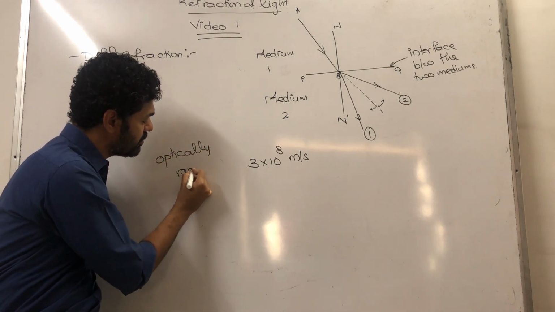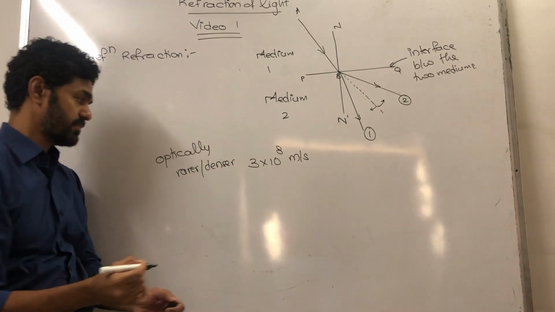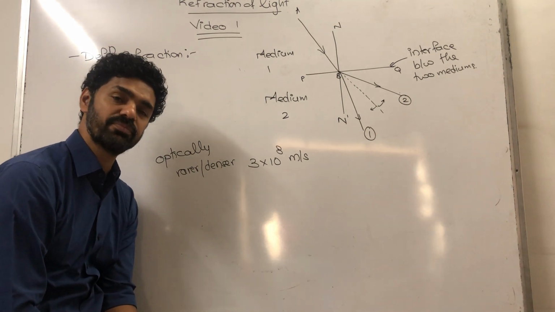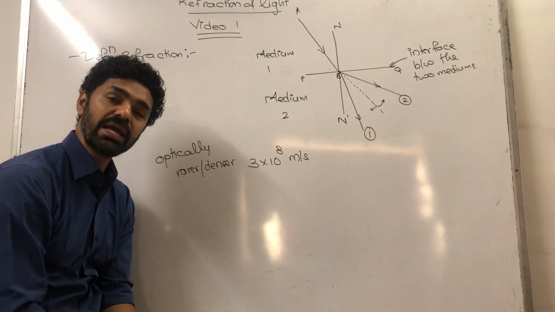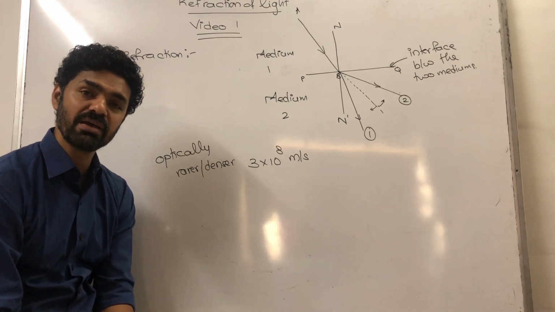Optically rarer and optically denser. Like when you compare vacuum and air, light has more speed in vacuum vis-a-vis air.